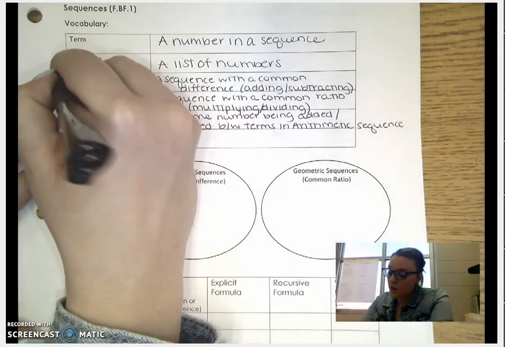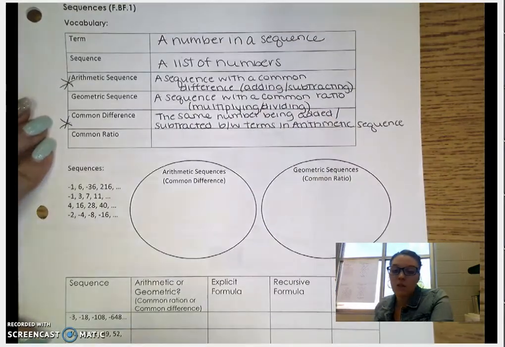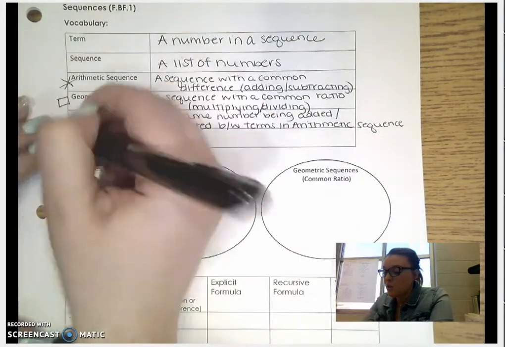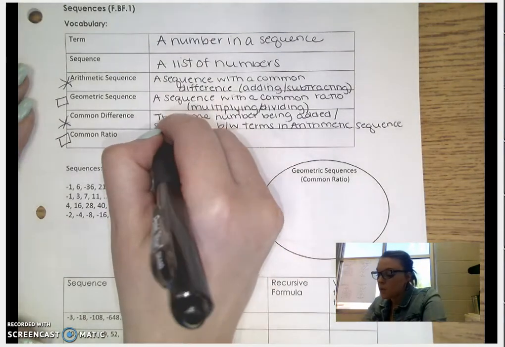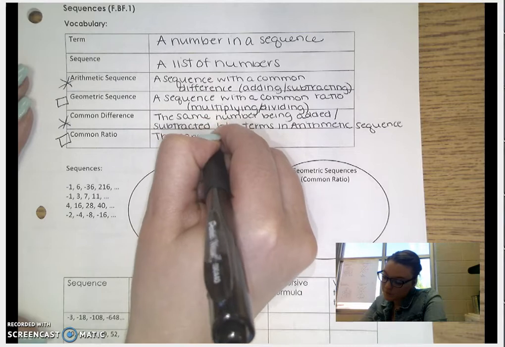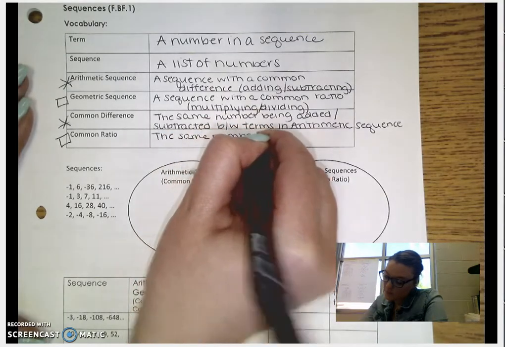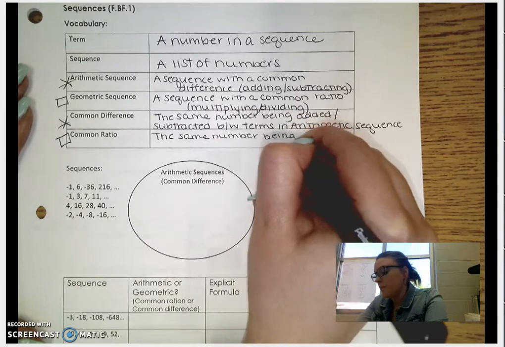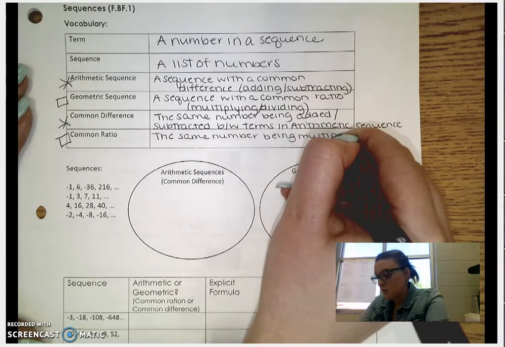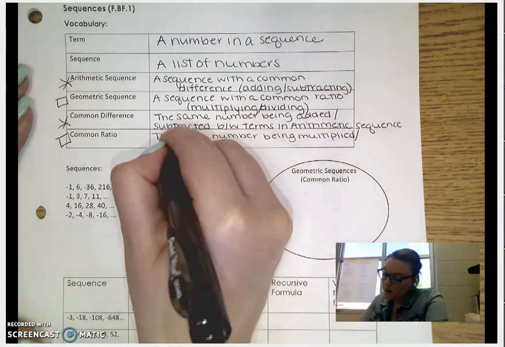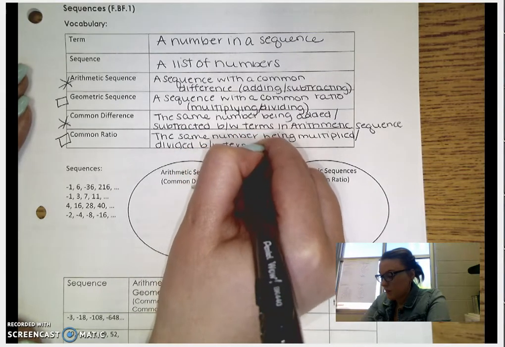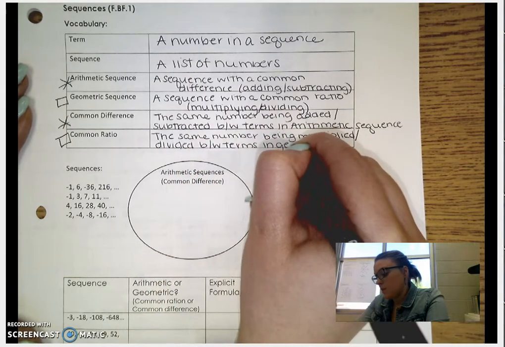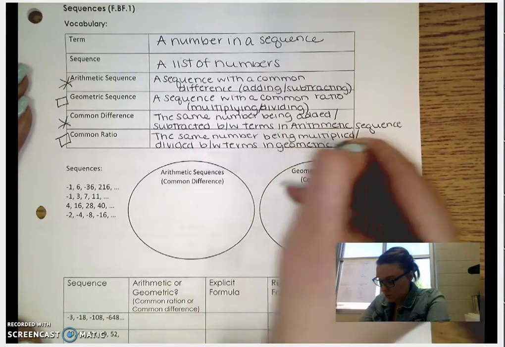So notice that arithmetic sequences and common difference are related, and then geometric sequences and common ratios are related. They go hand in hand, and you have to understand what both of them are. A common ratio is the same number being multiplied or divided between terms in a geometric sequence.